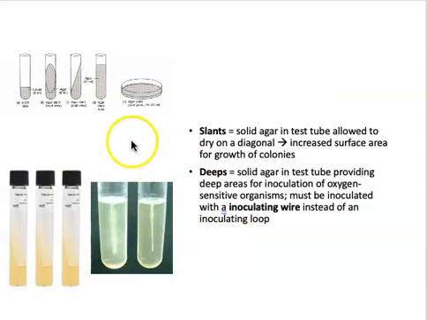When we're making deep agar tubes, we don't tilt the tube as the agar solidifies. So the agar solidifies just as it sits in the tube. Instead of having a nice slanted surface to grow cells on, we barely have any surface area at all on the top of this agar.